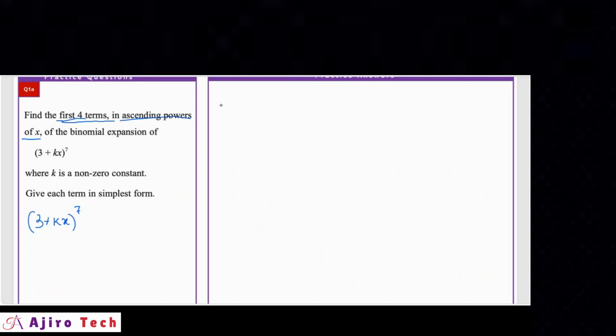The formula is, take for example, you have a binomial raised to the power of n, where n is a positive integer or a natural number.